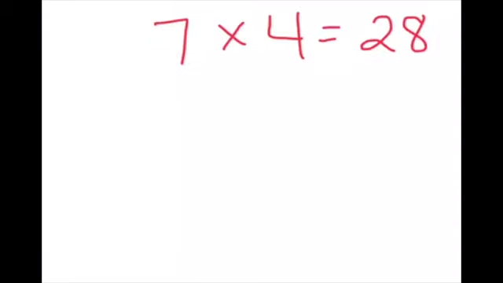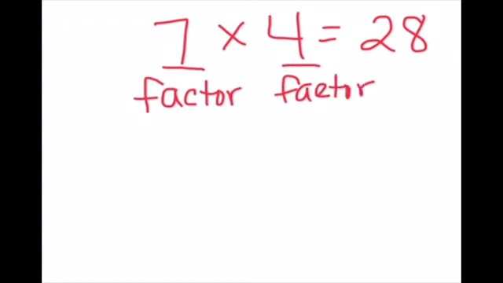So with the inverse operation, when I multiply, I have my factors, which are my smaller numbers. A factor times a factor equals a product, okay? And then when we divide, we have to, of course, just change the order of our numbers using the inverse operation.